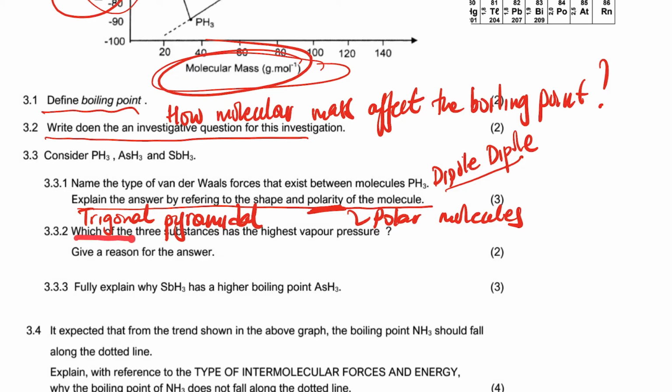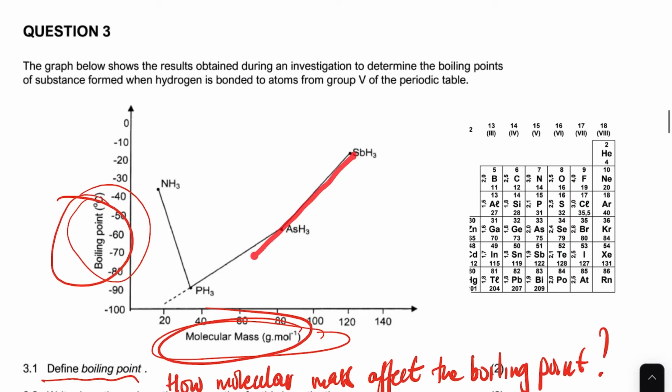Which of the three substances has the highest vapor pressure? Guys, the vapor pressure and the intermolecular force are inversely proportional. The one that has the highest intermolecular force has the lowest vapor pressure.